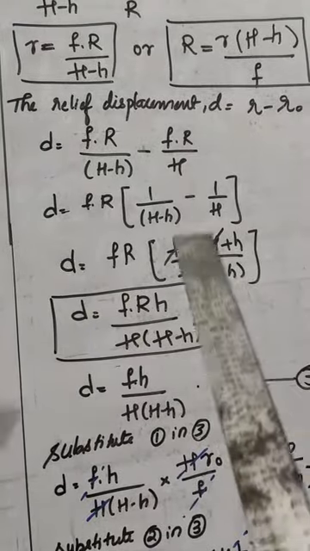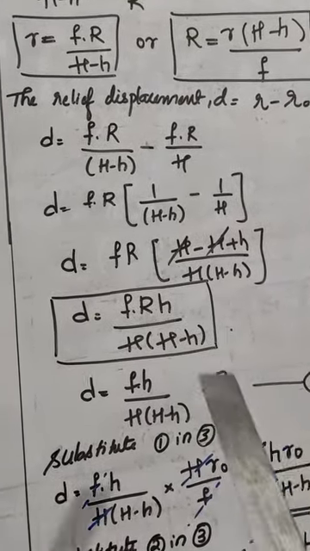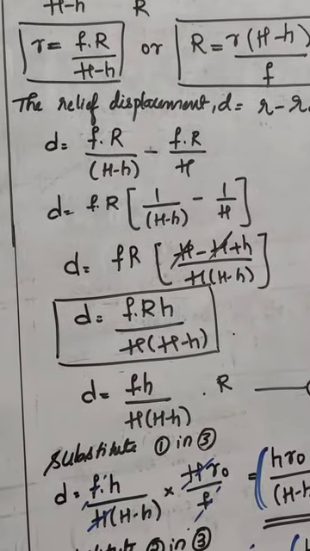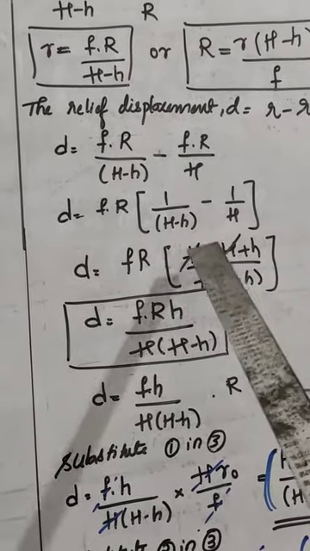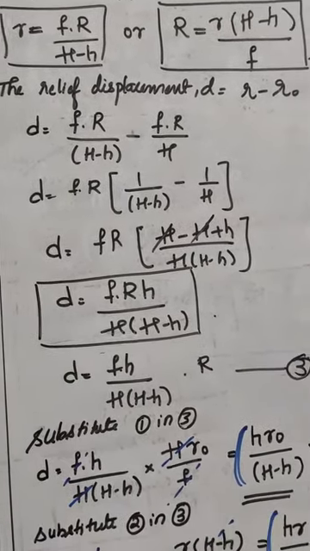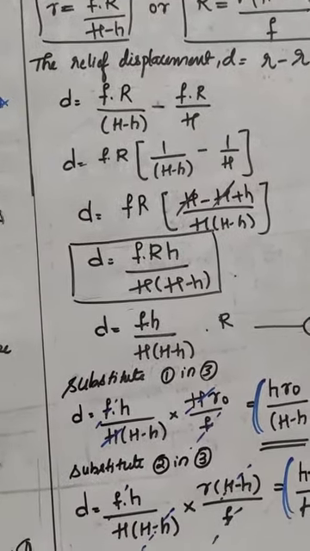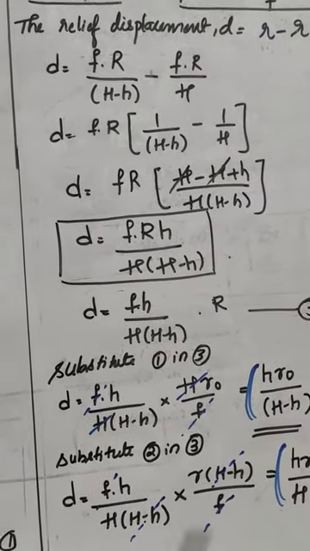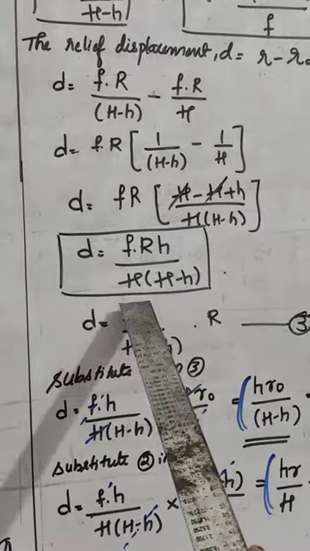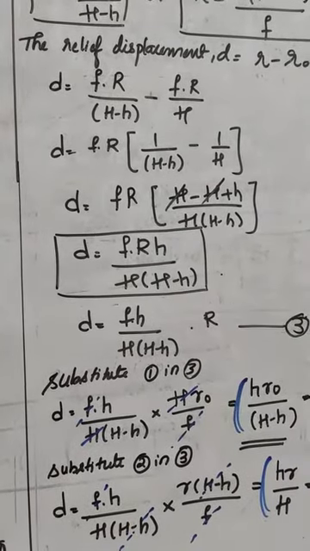When you make some solutions and reduce that, capital H will be deleted, since it is plus and minus, and small h will remain. So this is the final formula for relief displacement: D is equal to F r h divided by capital H in bracket H minus h.